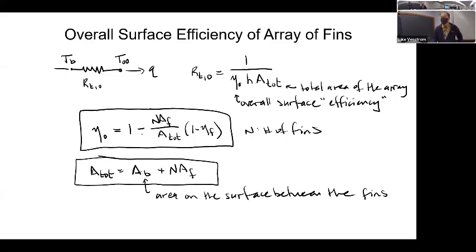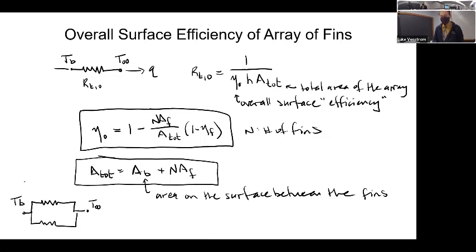Okay, the way that you get here, right? The way that you get here is we treat the heat transfer through the fin and through the base like a parallel circuit, right? So in essence, we say, okay, we've got a parallel path for the heat transfer from the base out to T infinity.